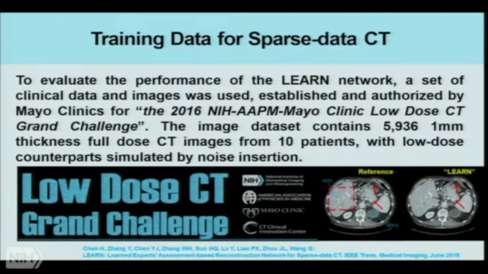This is very useful, and we collected from the Mayo Clinic data set about 6,000 1 millimeter thickness full dose CT images from 10 patients, and also quarter dose counterparts were simulated by artificial noise insertion, and we received pretty good results, and we showed the reference images and learning-based, neural network-based reconstructions. A lot of details are in the paper.